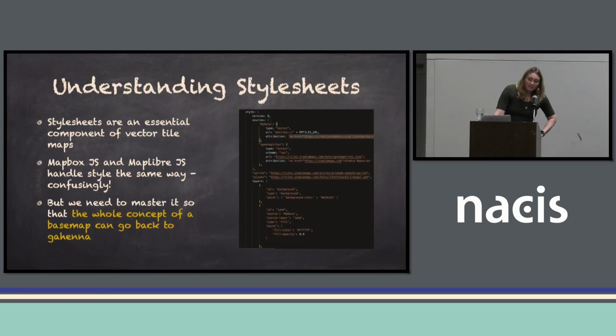And why is understanding style sheets important? These are a really essential component, especially of understanding how vector tiles work. For anyone who hasn't worked with vector tiles, the style sheet controls everything that the renderer needs to know in order to make your map. Understanding this, I made some choices about how to include it for the purposes of illustration, but it is a really essential component.